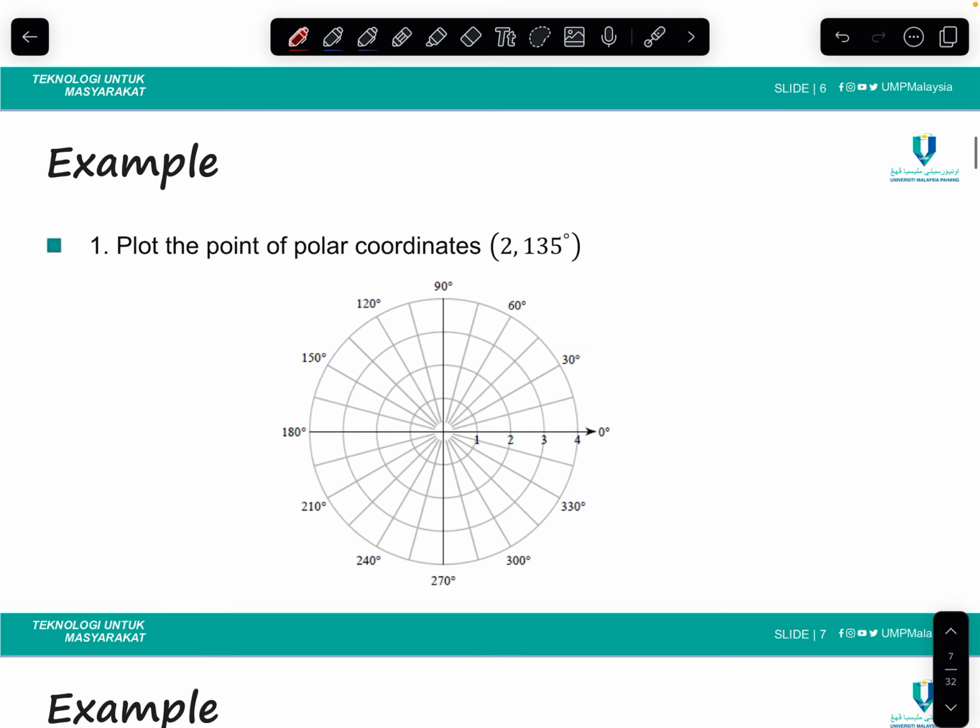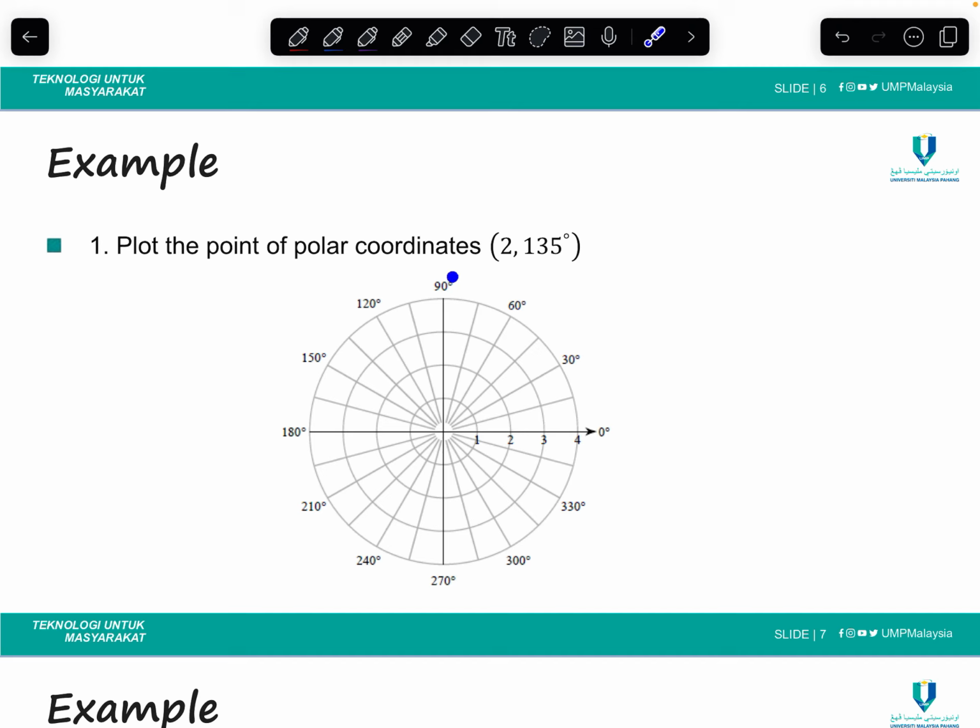For example, plot the point of polar coordinates (2, 135°). Based on this polar system, remember we always start at this position, 0, and for positive angles, the rotation will go counterclockwise like this, and the angles stated here should be correct.